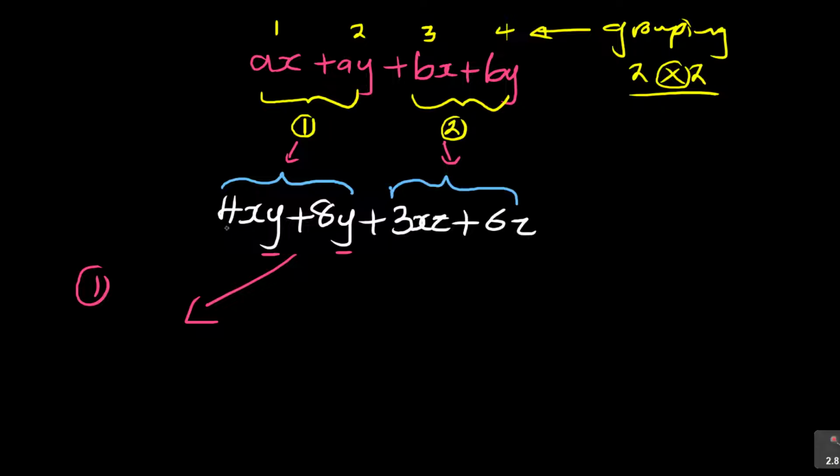We can actually look at what is common in the numbers 4 and 8, which is the highest number that can go into 4 and go into 8. The highest. Don't say 2, because 2 can go into 4 and can go into 8, but that's not the highest number. It is 4. Why? Because 4 can go into 4 and 4 can go into 8.